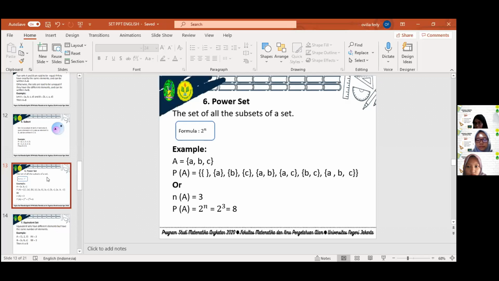What proof can we use to prove the square root of 2 is not a rational number? Is that your question, Fahri? Yes, and what proof can we use? Okay, give me a minute to answer your question.